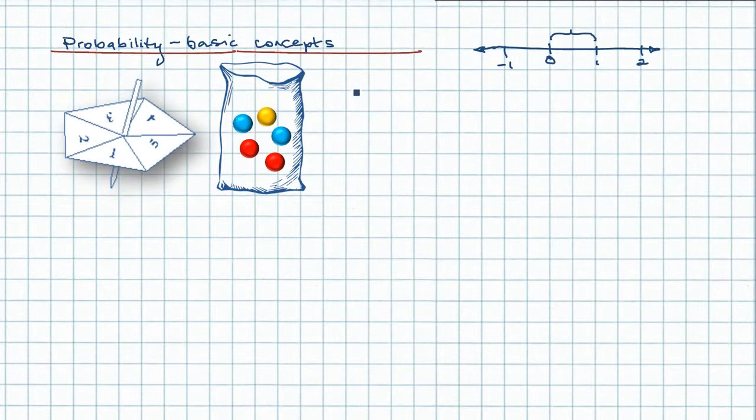Now, if I said, what is the probability with my spinner, for example, of getting a 6? So we write it like this. Probability, and the event is this bit in brackets. So the event of getting a 6.